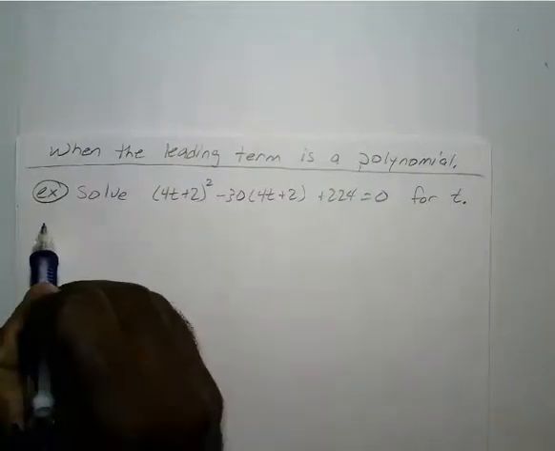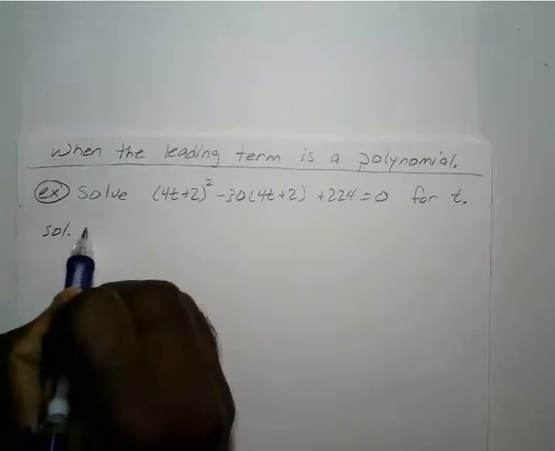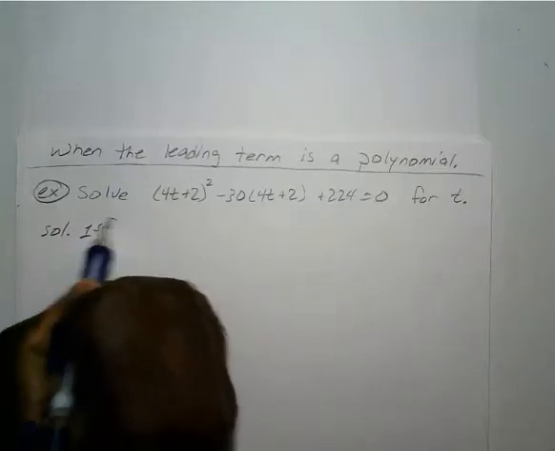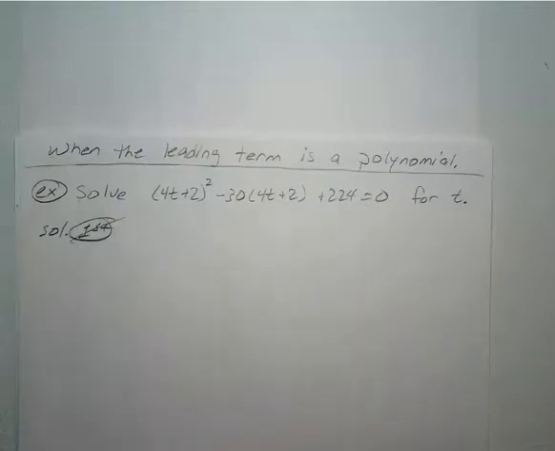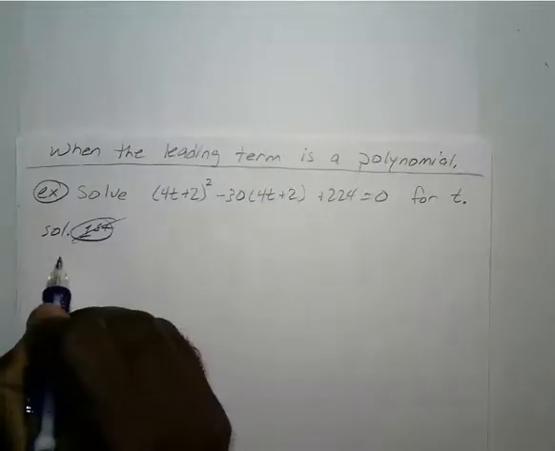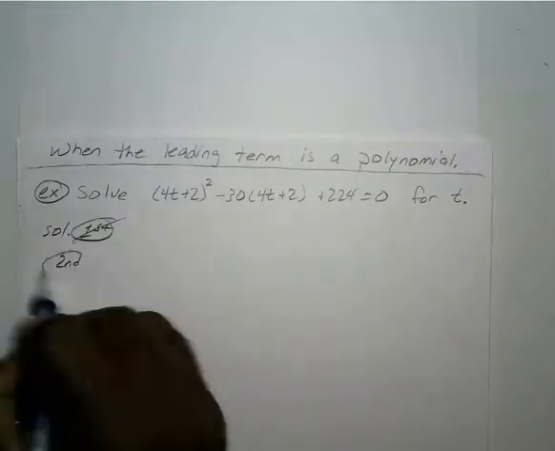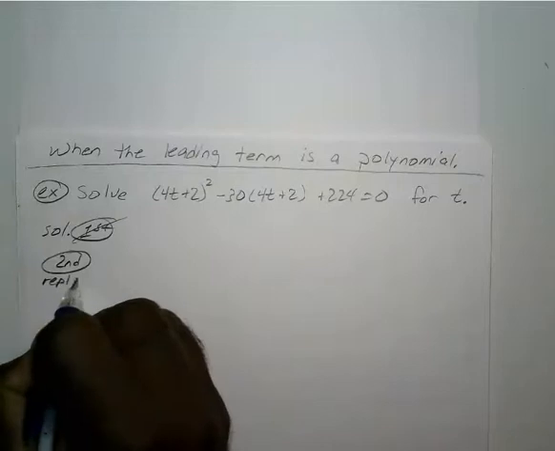So, once again, we're going to start with our first step. And we already have everything on the left-hand side equal to 0, so we can skip that first step. Now we can go right to our second step, where we replace.